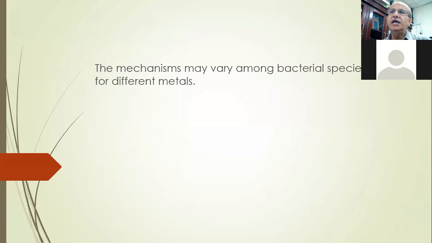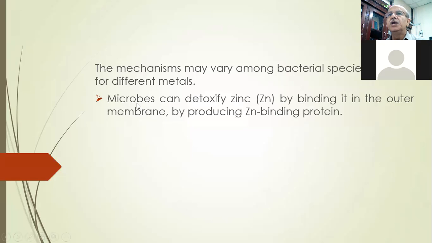When you go to the higher classes, you will study in detail what mechanism is effective against what metal. But at the moment, you need to know that different bacteria have different mechanisms against different metals, how they avoid the effects of heavy metals.